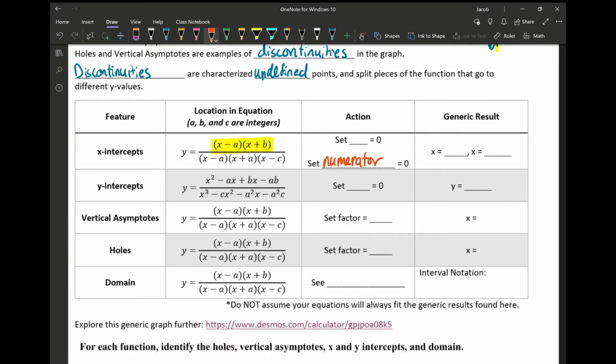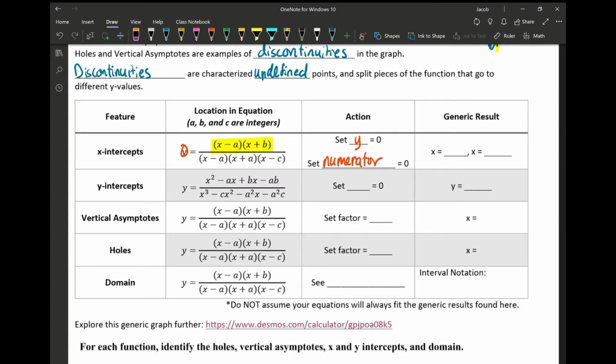And that's because we set y equal to 0. If we set y equal to 0 and we try solving for x, we actually end up multiplying all of these factors over to the left side of the equation. And since we're multiplying by 0, it gets rid of all these factors. So really, this simplifies down to setting the numerator equal to 0.